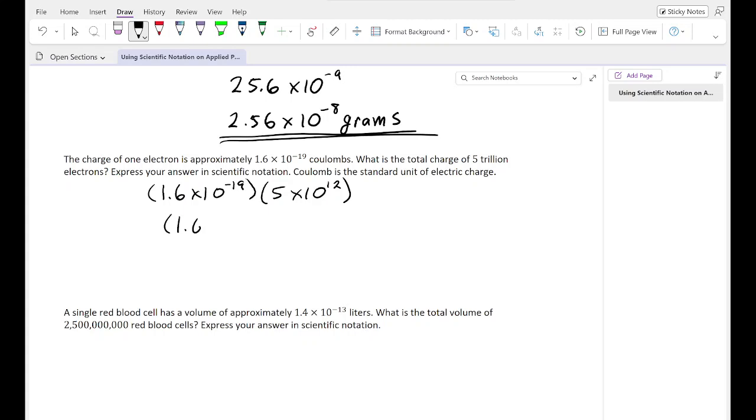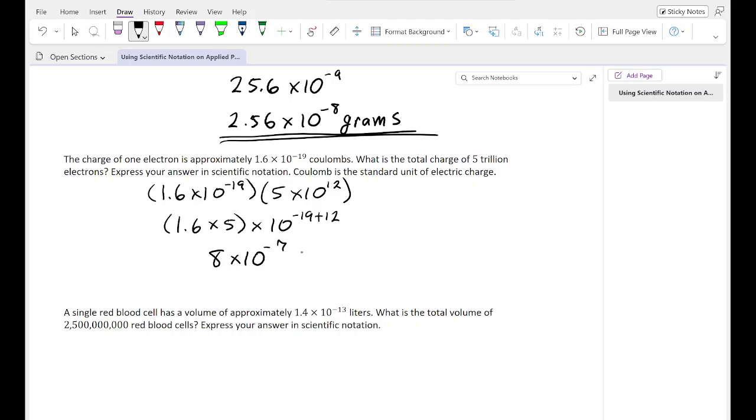So 1.6 times 5 times 10 to the negative 19th plus 12, because again, they're all on the top. There is no fraction, so there's no denominator. And now we do 1.6 times 5, which will give us a very nice 8 times 10, and then negative 19 plus 12 is negative 7.